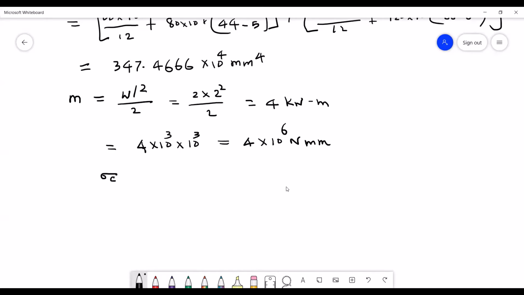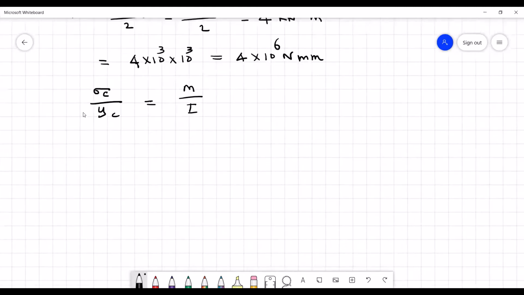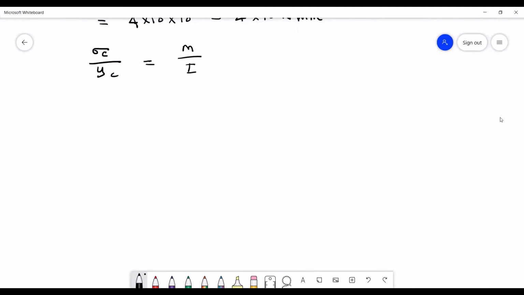Now we have the equation: sigma C divided by YC is equal to M upon I. Here first we want to find the bending compressive stress. That's why I have written sigma C. So sigma C means the bending compressive stress. So sigma C will be equal to M upon I into YC.